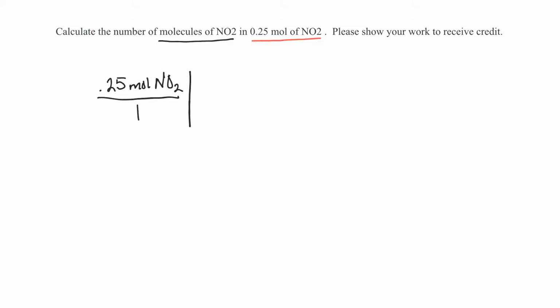Well, in this journey, you are introduced to moles, and it tells you that 1 mole of anything, 1 mole of any particle, any substance, is going to equal Avogadro's number, right? 6.022 times 10 to the 23rd.